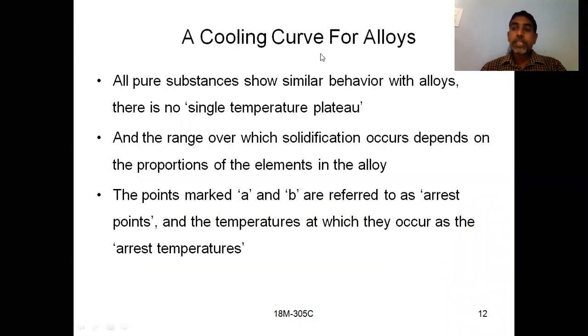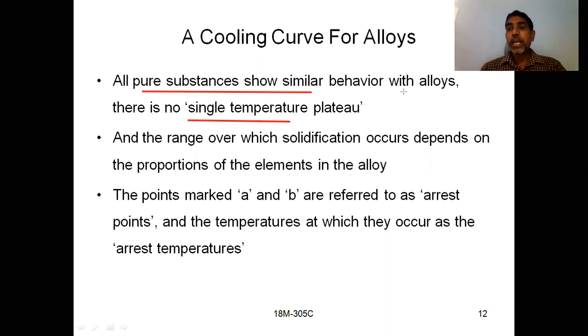So what have we discussed based on the diagram just now? All pure substances show similar behavior. But with alloys, there is no single temperature pattern, and the range over which solidification occurs depends on the proportions of the alloying elements.